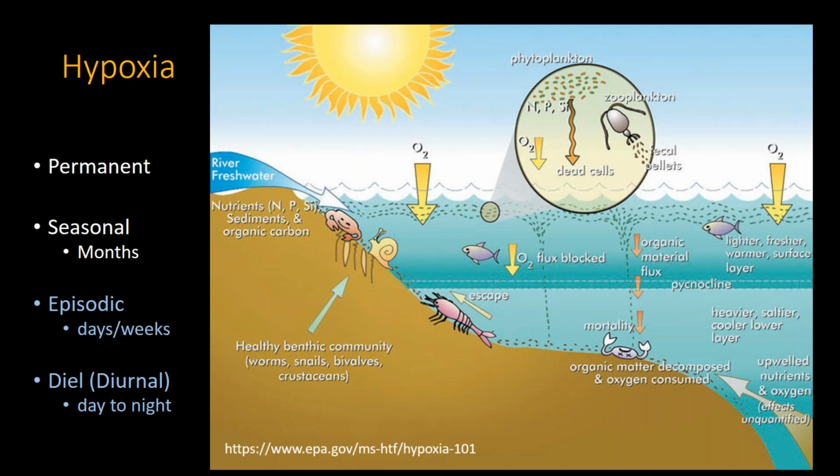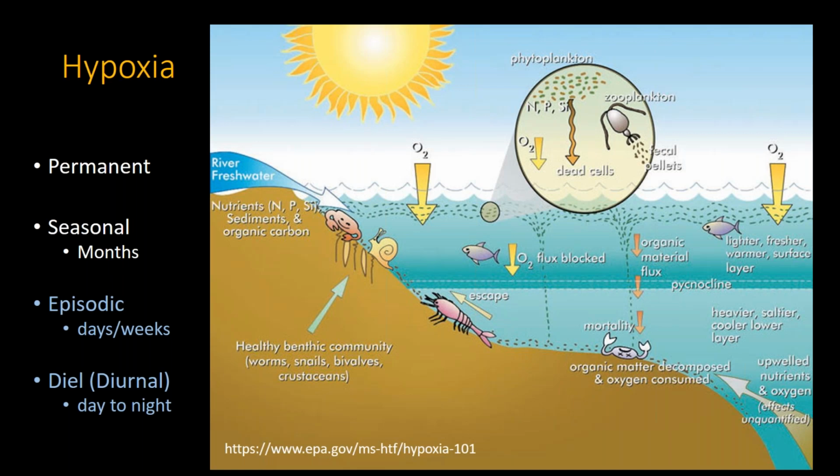There are a few different types of hypoxia, but right here I'm showing kind of the classic image of hypoxia. We have fresh river water containing nutrients coming in. We have sunlight and oxygen coming in at the surface, leading to incredible productivity in the surface ocean. As we have algal cells being produced in the surface ocean, we actually see very high oxygen concentrations.